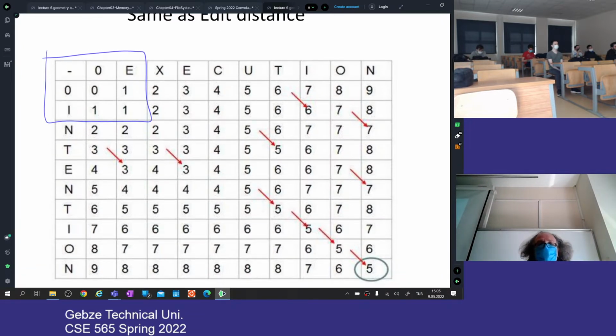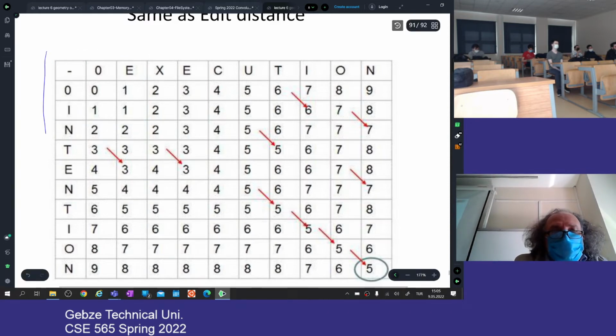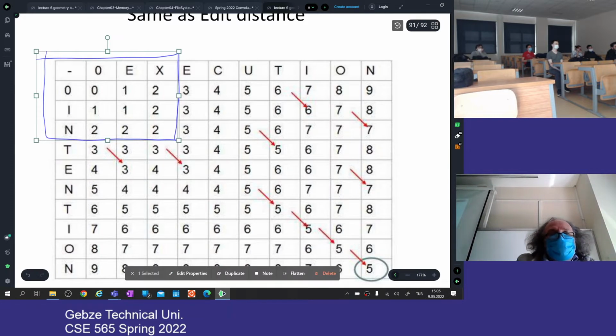How about this one? How about if I like to solve the problem of changing into EX? Okay, and by the same thing, you are saying that it's going to be 2.